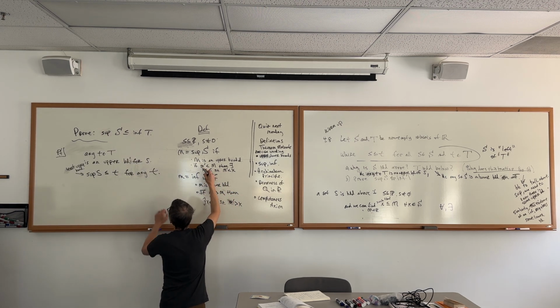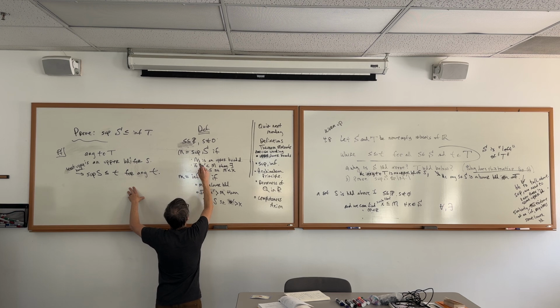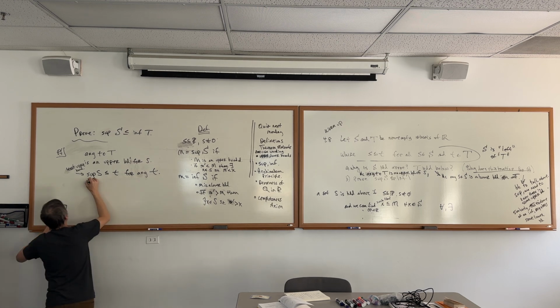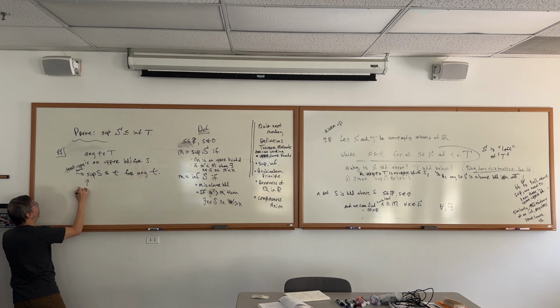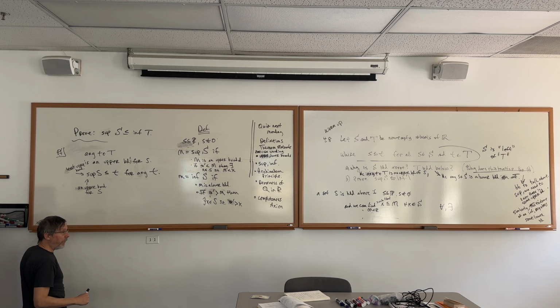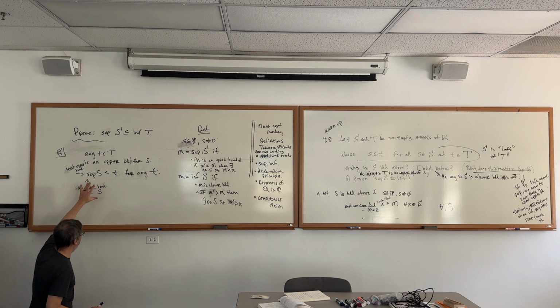So first off, sup is an upper bound. Let's write this out in sentences. This is an upper bound for S. We know that, because it is an upper bound.